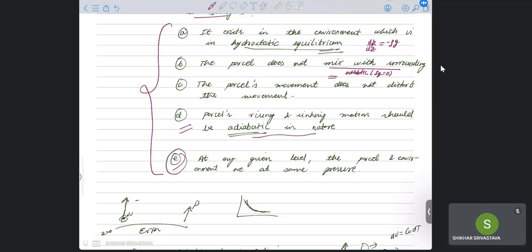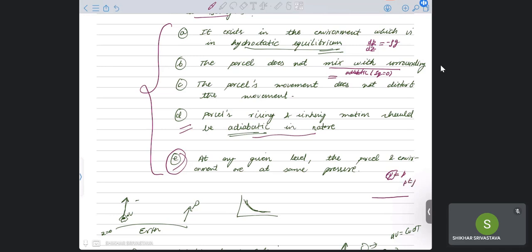And then the last one is a very important assumption: at any given level, the parcel and the environment are at the same pressure. What does it mean? Suppose this is a parcel, and the parcel's pressure is P dash and the environment pressure which is surrounding it is P. At any level, the parcel will quickly adjust its pressure to that of the environment.